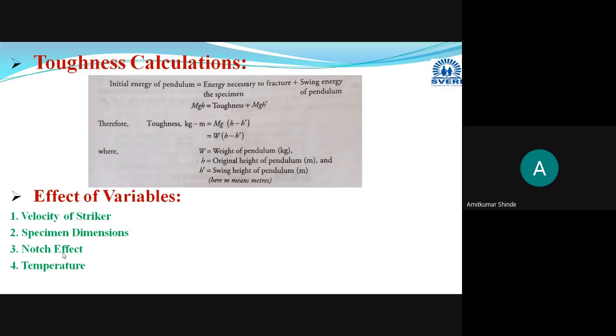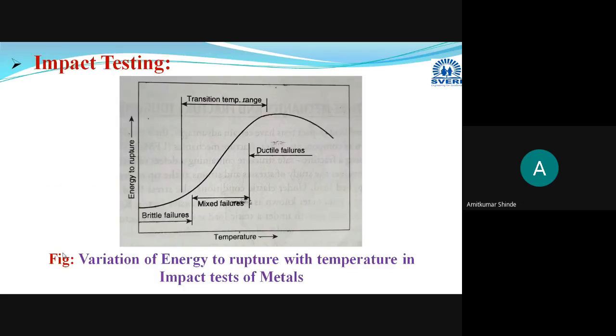Then the effect of the temperature. Now the fourth parameter is the effect of the temperature, that is shown with the help of this diagram. Here this is the diagram showing the effect of the temperature. At lower temperature conditions, failure of that material will be in a brittle manner, and at higher temperature conditions, failure will be in a ductile manner.